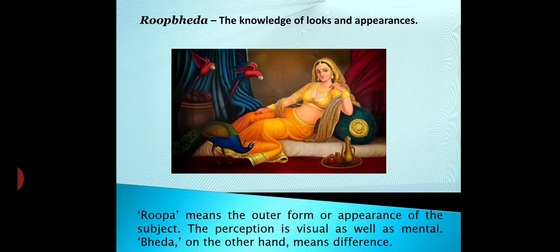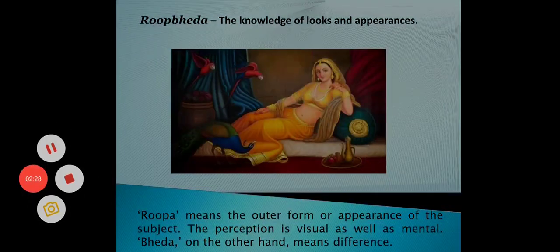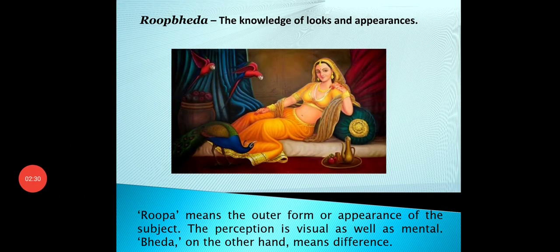So you understand how the forms should be differentiated; the artist should be strongly trained to do this work. If he understands the difference of forms, then he is competent enough to paint a good painting. That is Rupabheda. He should know the variations or differences of one form from another form.